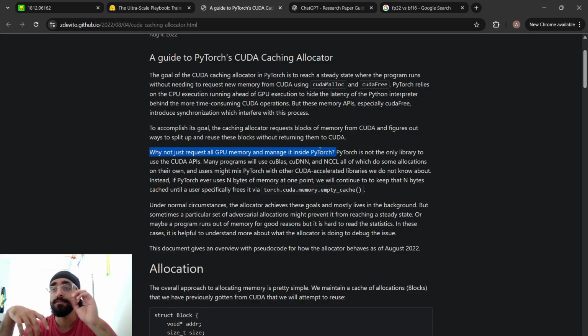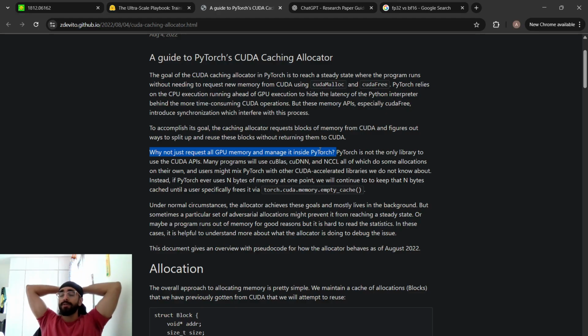If you're calling TensorFlow functions, they have a mechanism to let the libraries use TensorFlow's memory allocator. So for example, let's say you're calling TensorFlow's convolution operation, and TensorFlow's convolution operation calls cuDNN.